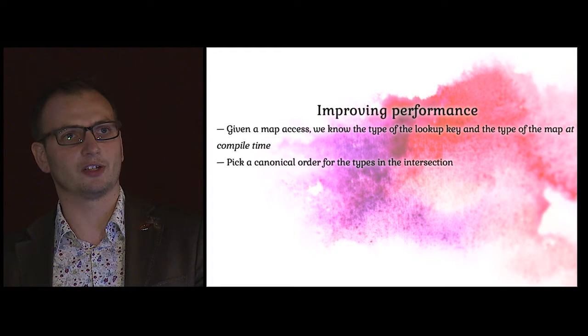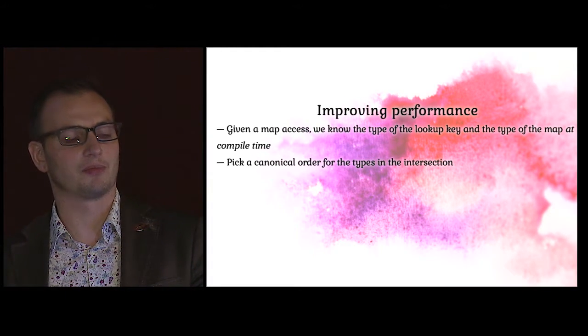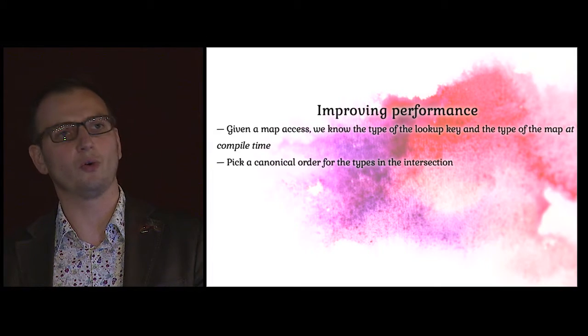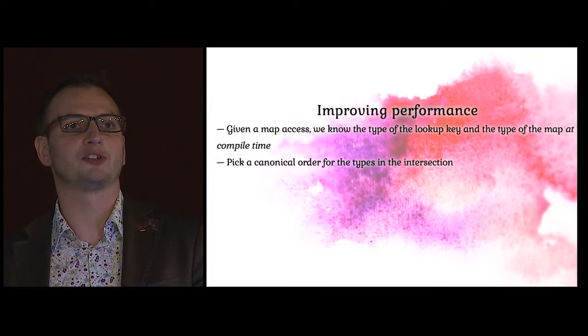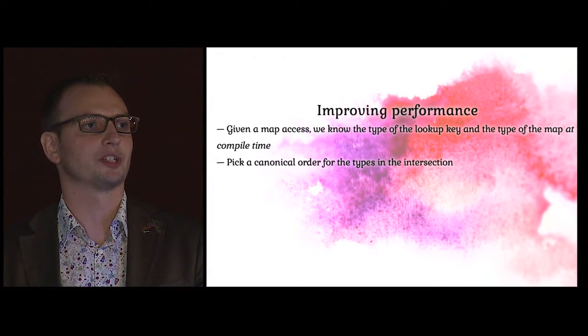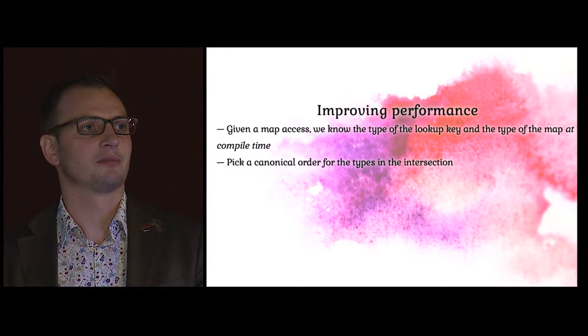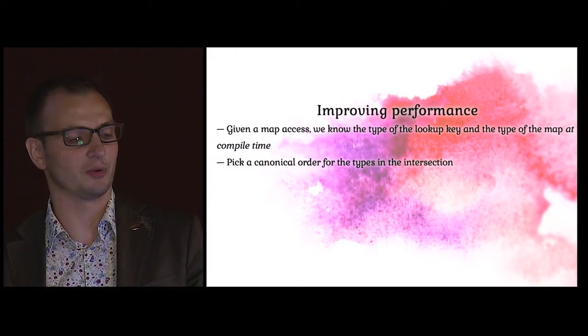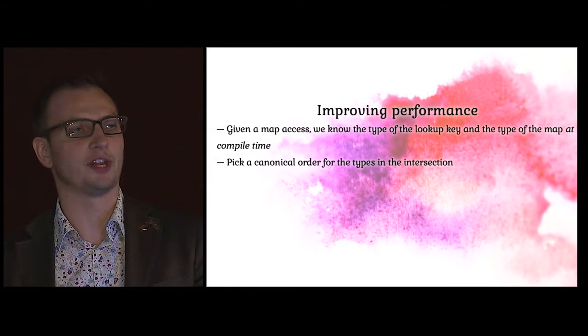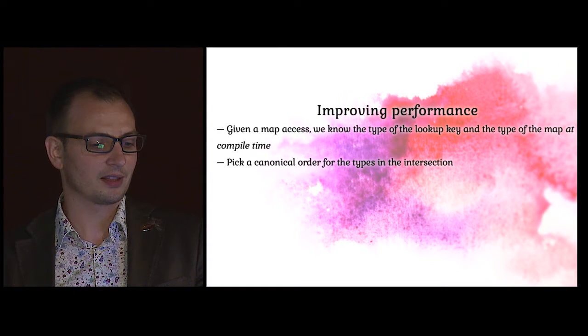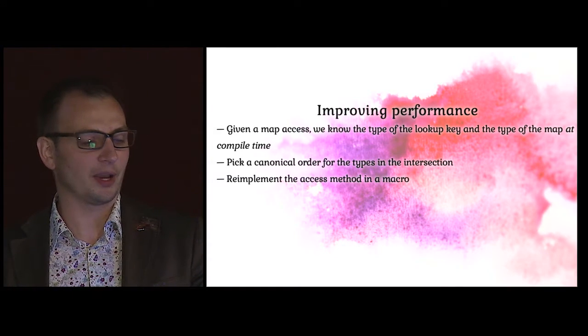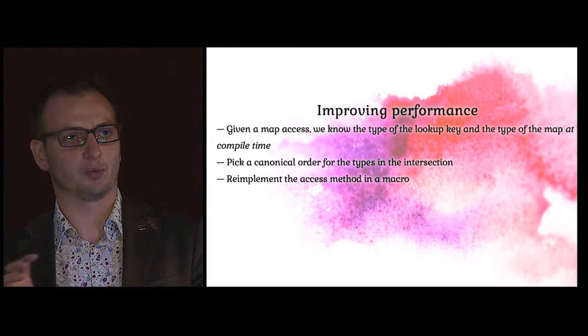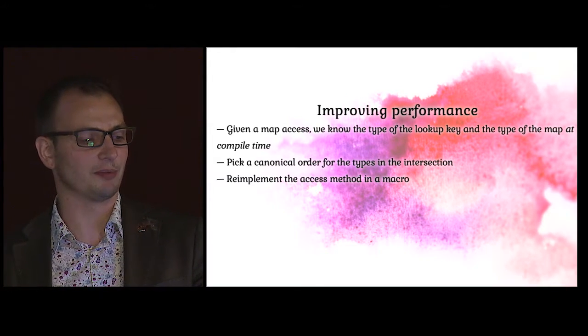So let's look at that type intersection. We can order those types. Let's just arbitrarily say we'll put them into alphabetical order, just because we need to come up with some order. So alphabetical order of the name of the type. This gives us one slot for each type.